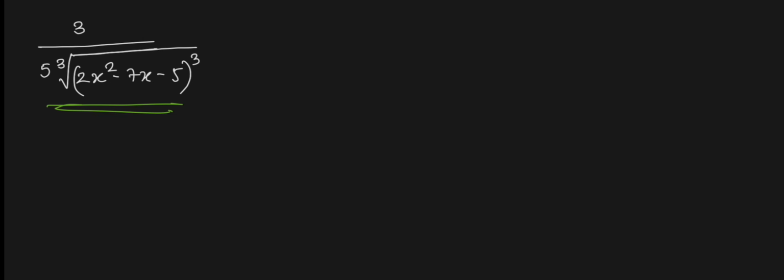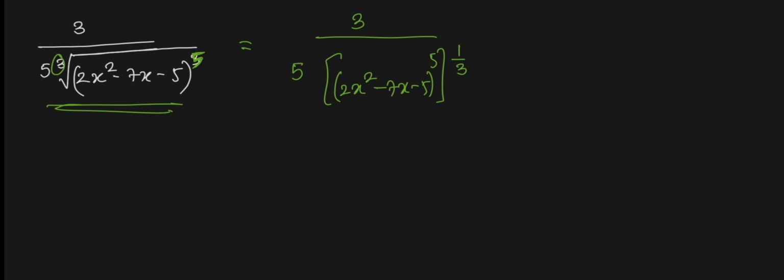Let's convert that. So this can be written as 3 over 5. Now this is a cube root, so we can say this is 1 by 3. And here we have power 5. I'll write the inside part as 2x square minus 7x minus 5 raised to 5, and this entire term is raised to 1 by 3 since we have this cube root.